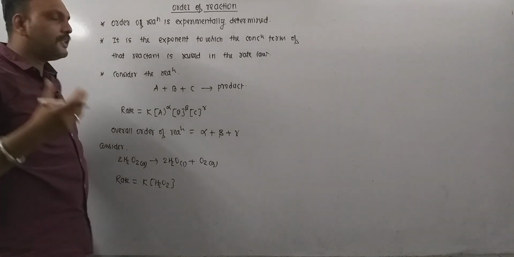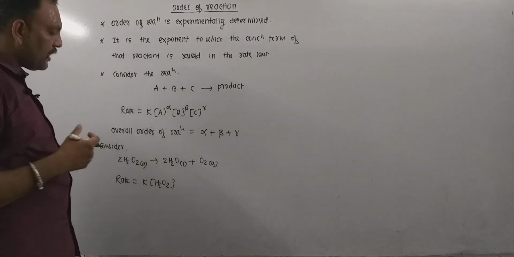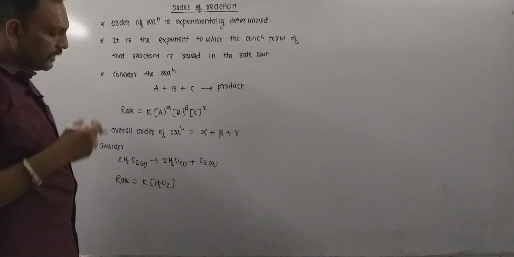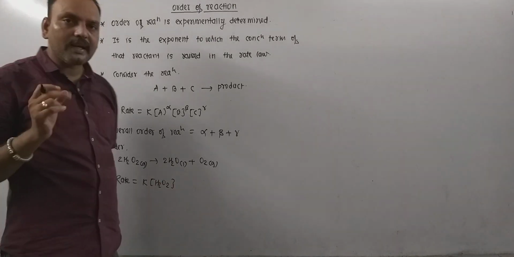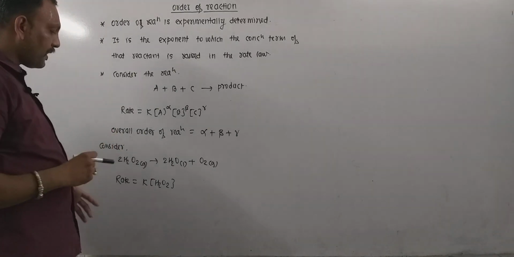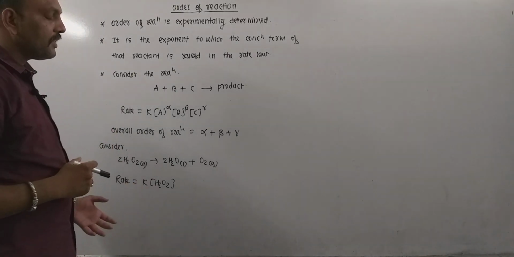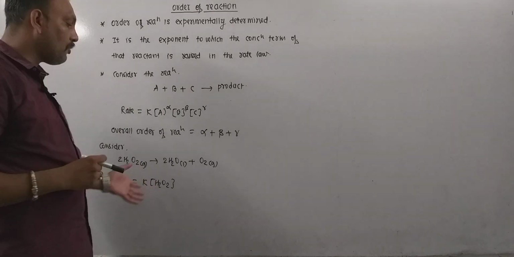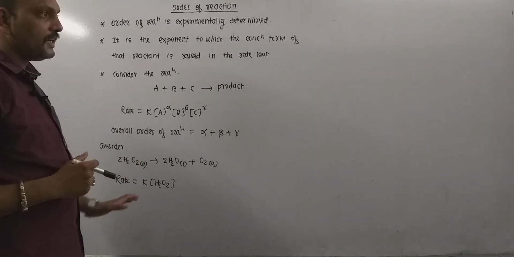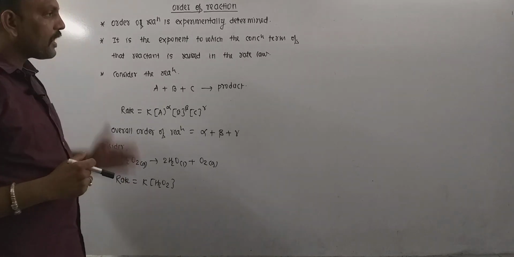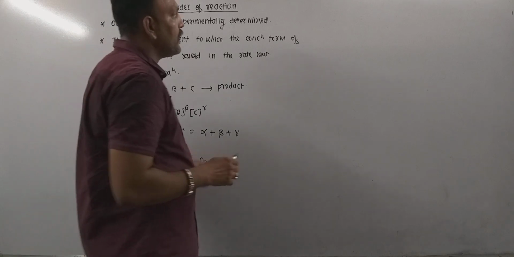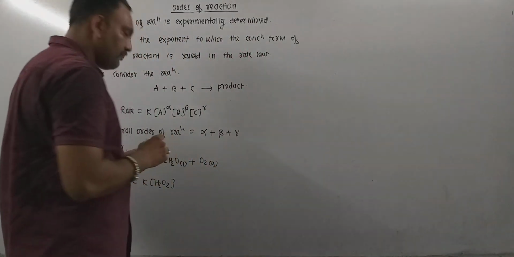The exponent to which this concentration term is raised is 1. It means that the order with respect to H2O2 is 1 and the overall order of reaction is also 1. So this is one of the finest examples of a first order reaction.